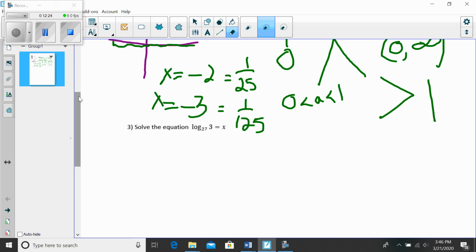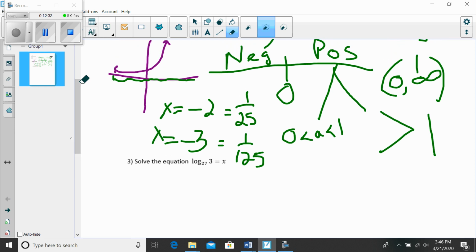But what I would do is for my EdTPA, I would show some of the advancing questions. Like I would say things on the test like, try plugging in negatives, 0, positives, and then both numbers between 0 and 1 and greater than 1 and see what kind of outputs you get. I might write that on the test.